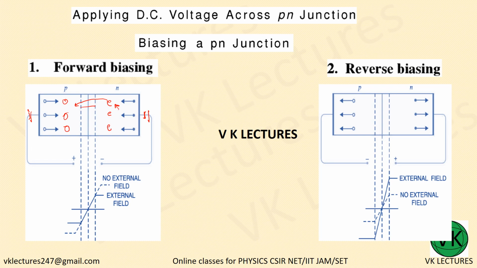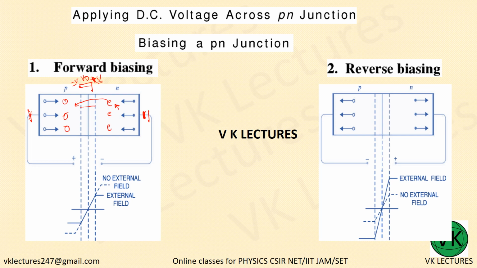Now in that case, the electric field was in this direction. Now there is a potential developed, this is minus V2 plus V, and the difference minus V2 plus V is nothing but V naught. But what we are doing is, on the positive side we are giving a negative potential, and on the negative side we are giving a reverse potential.